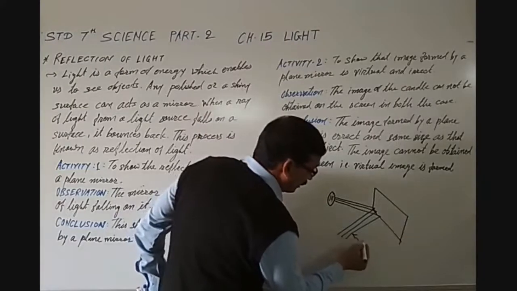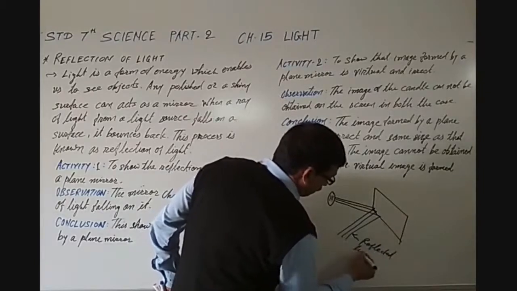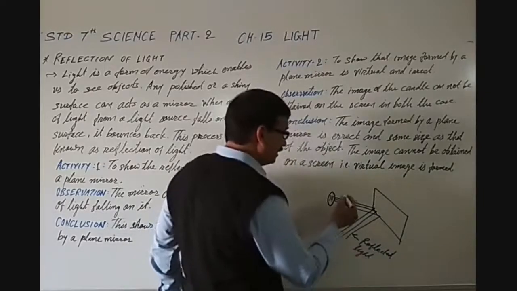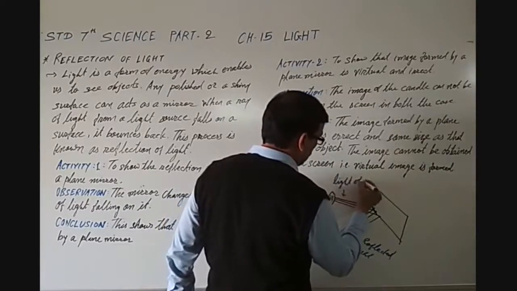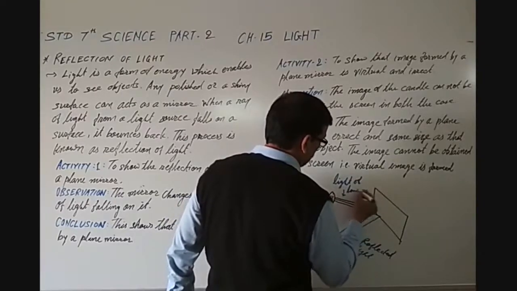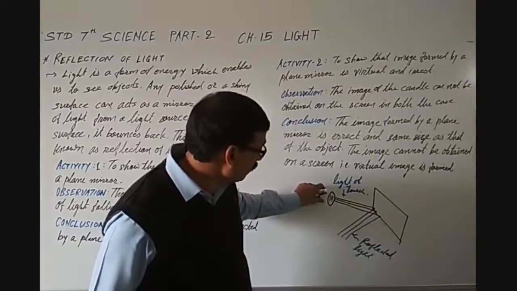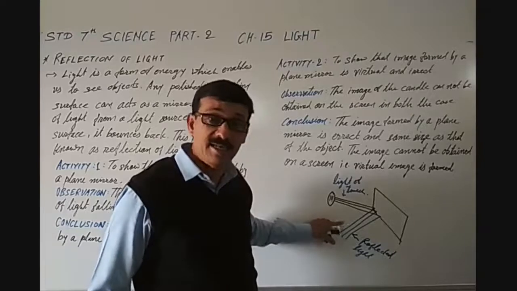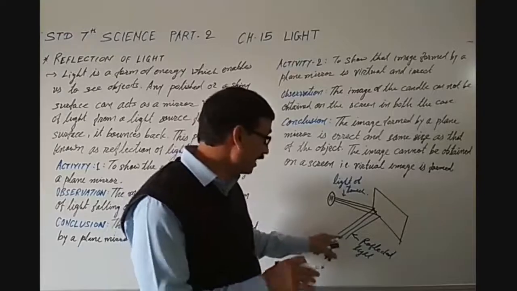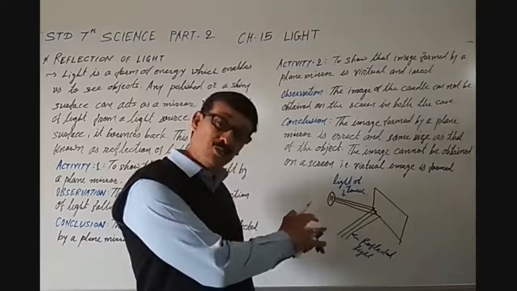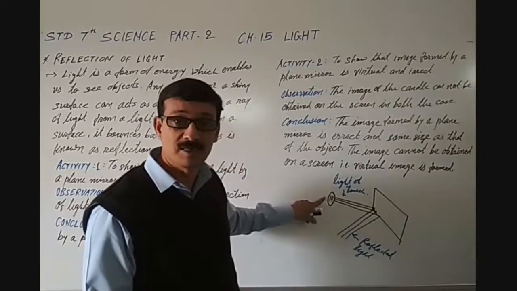This is the light of the torch. So if we change the position of the torch, does the place of the reflected light change with the change of direction of the torch?